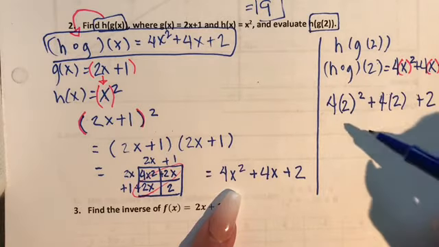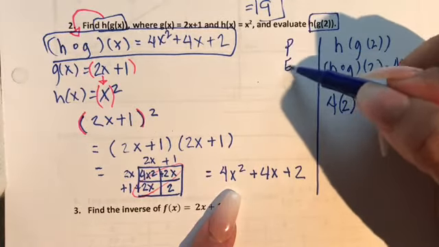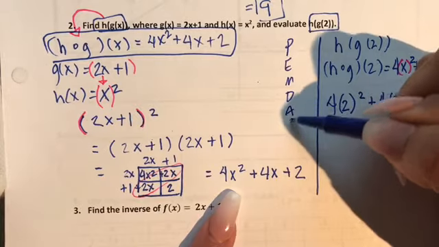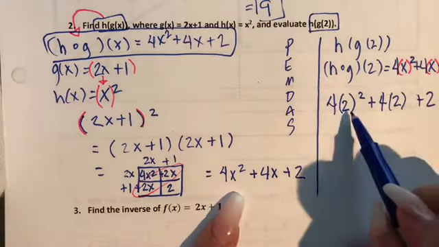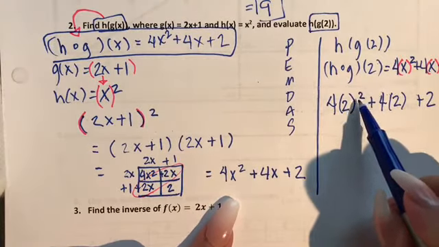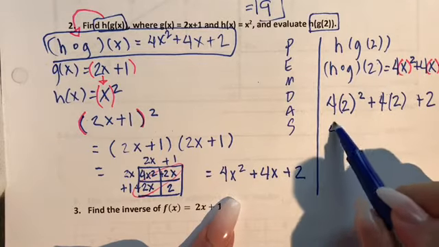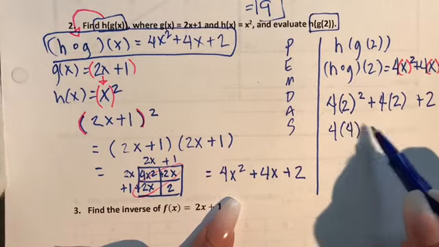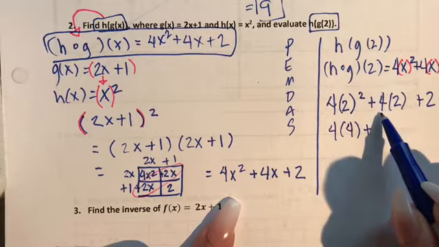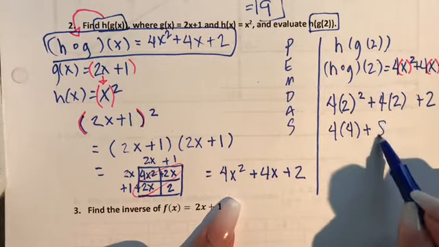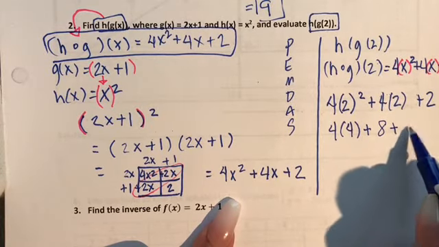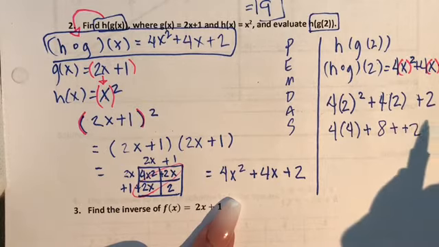Order of operations. You're going to square 2, 2 squared, 4 times 4. Let's keep on going. 4 times 2 is 8 plus 2.